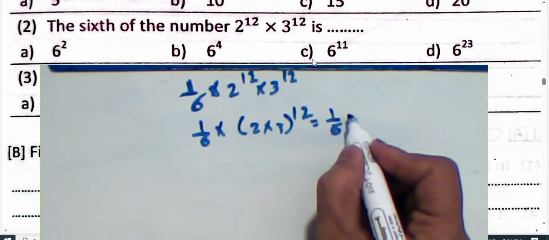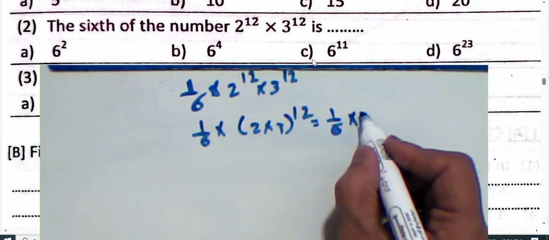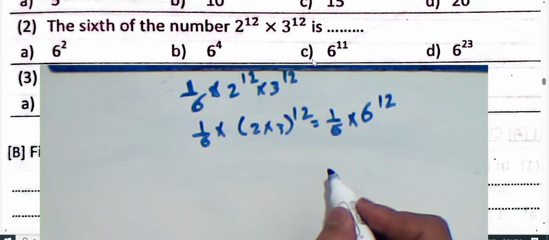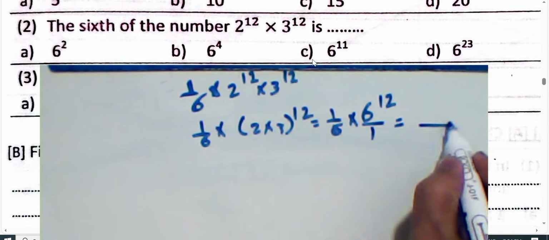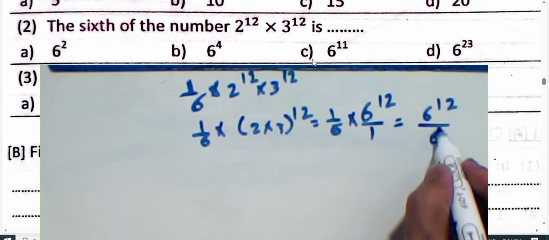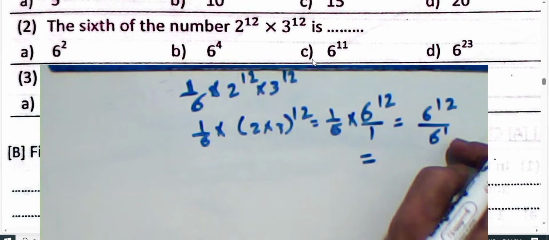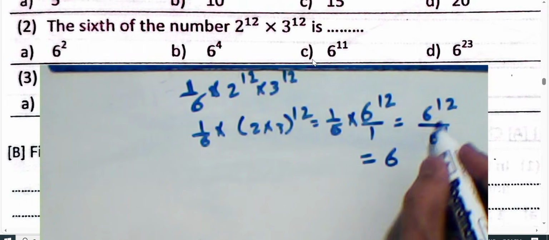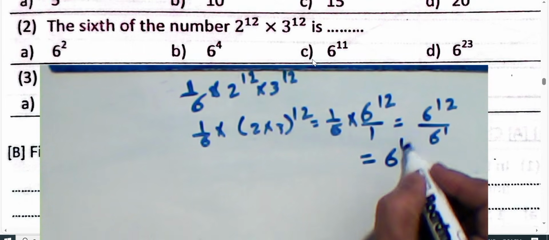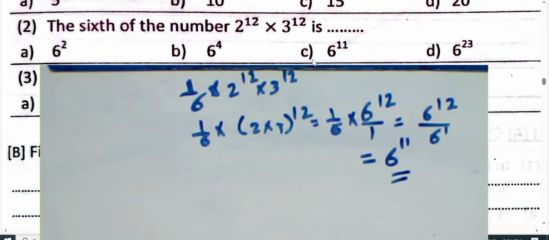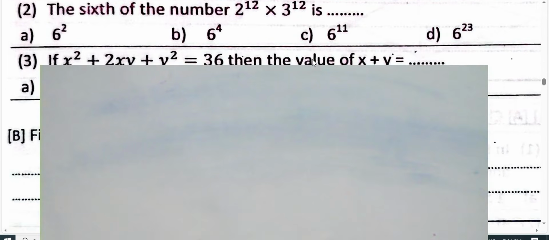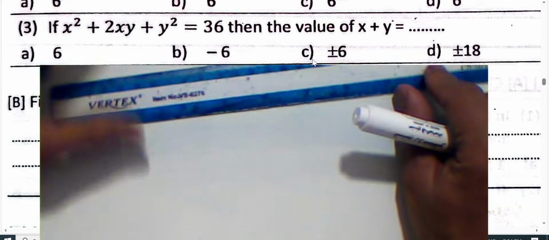And then write 1 over 6 times 2 times 3 equals 6, 6 power 12. We have 6 power 12 in the numerator and 6 in the denominator. We can find the difference between the powers in numerator and denominator. Right, 6 power 12 minus 1 equals 11. Then the result will be 6 power 11. It's a rule about division: you must find the difference between two powers.